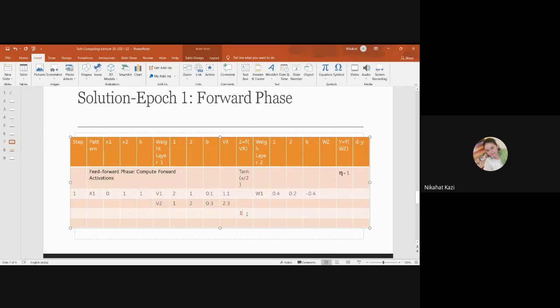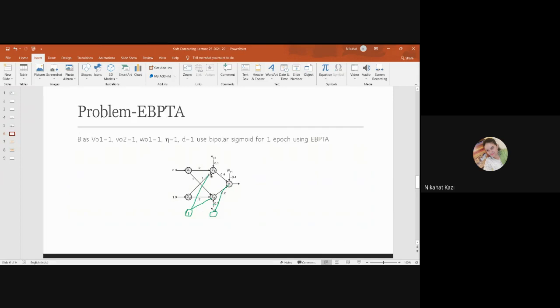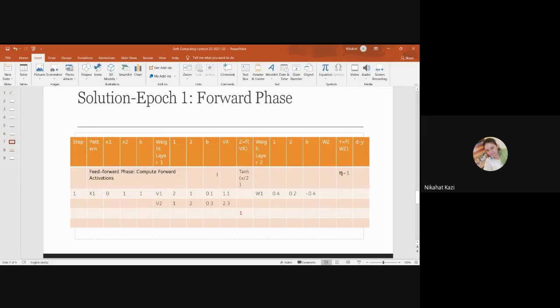Z values will be 3 because there are 3 neurons in the hidden layer, including the bias. But the bias is a fixed input, fixed output. Be careful about that. For all the rest of the neurons, you apply the activation functions.